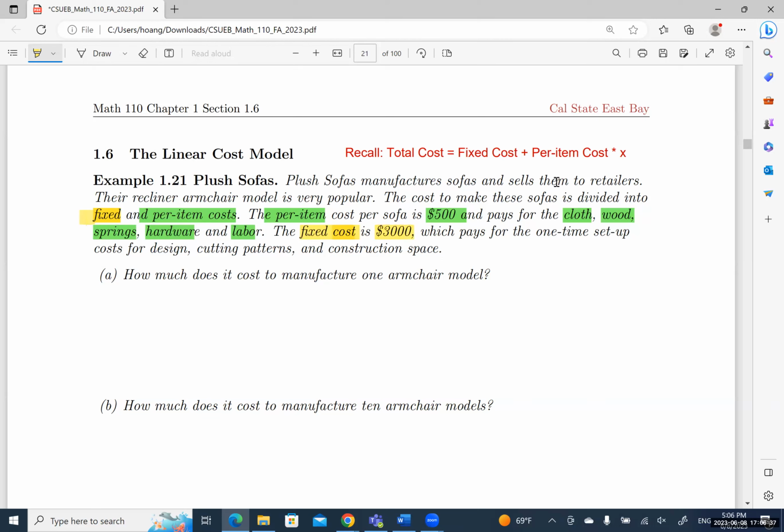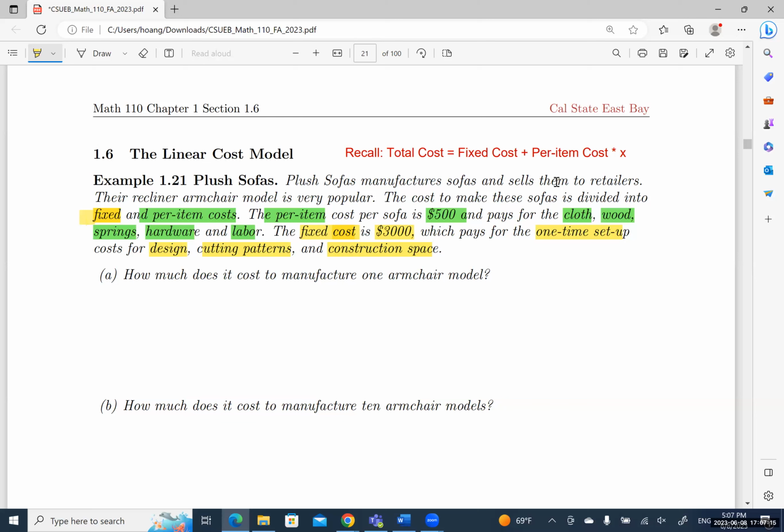This is usually a cost paid for one-time setup, such as design, cutting paper, cutting cartons, and construction space. So it means even if you don't make any items, you still have to pay for this cost, because that is fixed cost. Okay.